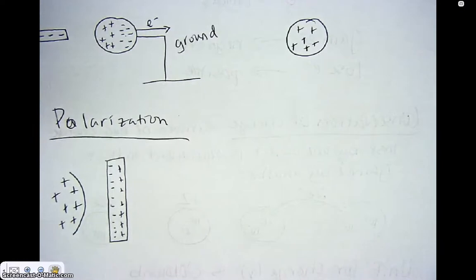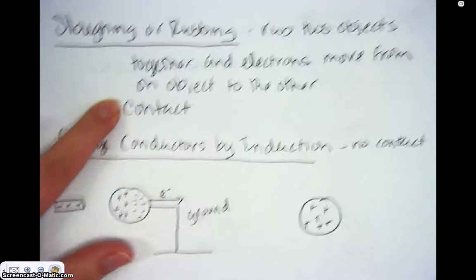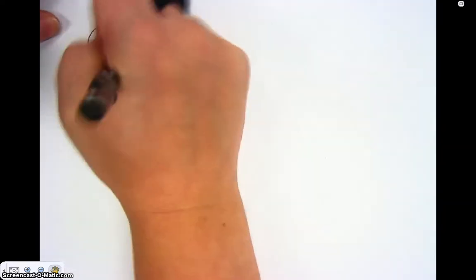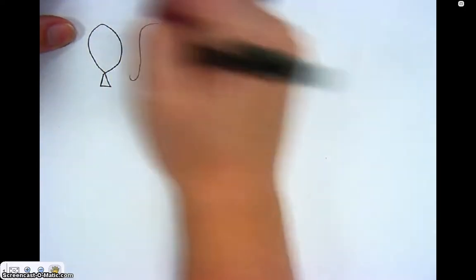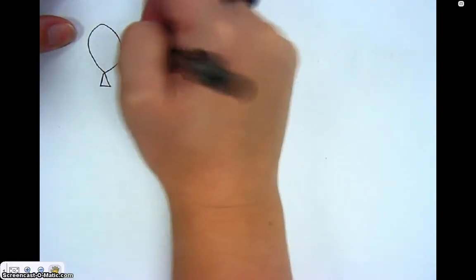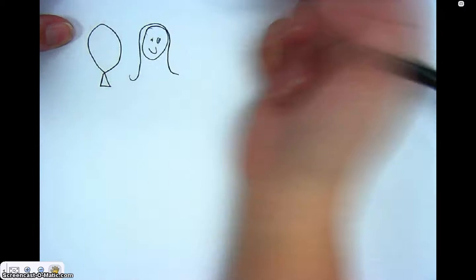Now, I want to use the idea of this rubbing really quick to give you an example of a type of problem you'll see in homework, where we deal with net charge, or charging by contact. So let's say I have a balloon, and I rub that balloon on my hair.